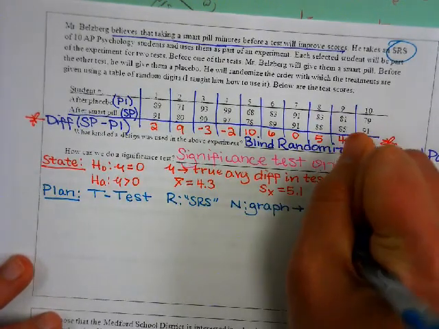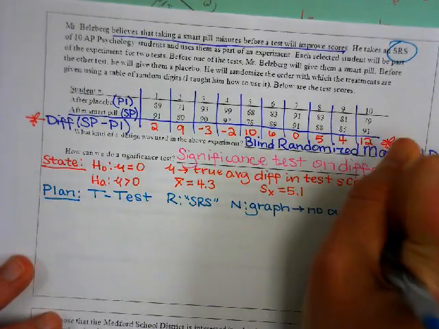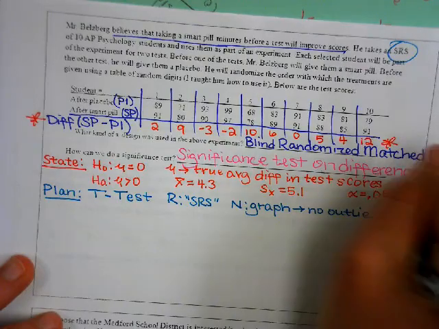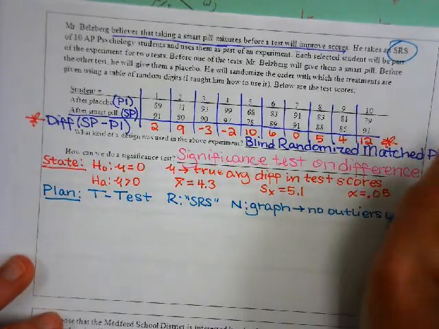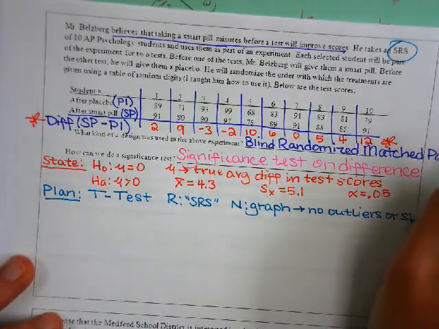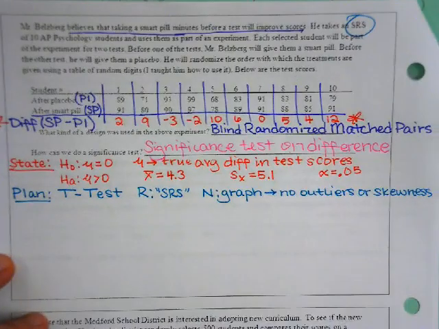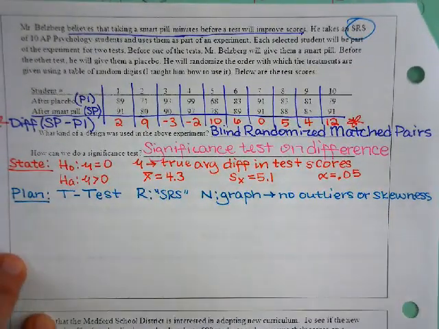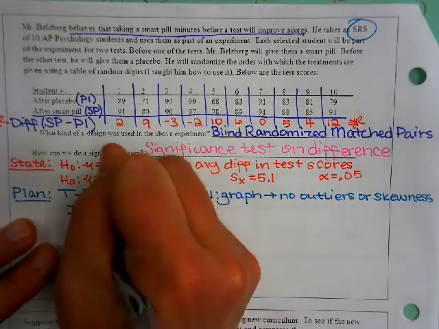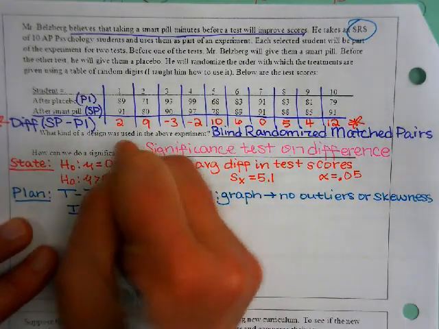And then normal, or excuse me, that was normal. Independent, sorry. As we check independent, I'm going to edit my paragraph up here. So independent is that the sample size is less than or equal to 1/10 of the population.